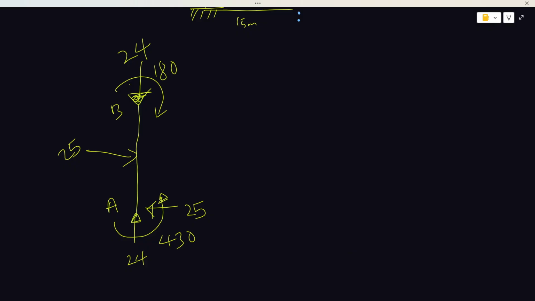Now, to find my shear force, let me first of all use the method of sections, or let me just do the normal way of doing the shear force. So remember that this is my y direction. And this is my x.